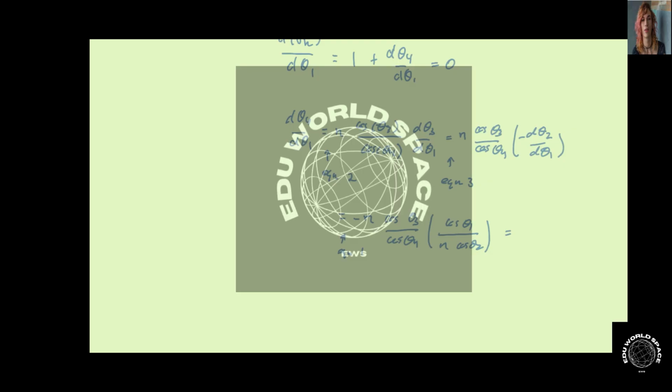And see, the n's cancel out. And that has to equal -1, because remember we said d theta 4 d theta 1 has to be -1. Okay? So we get this expression for the cosines of the angles.